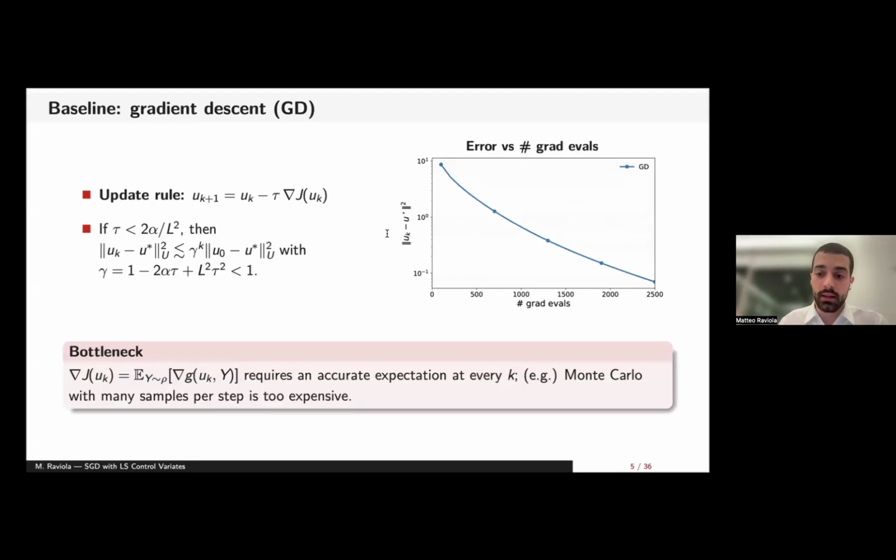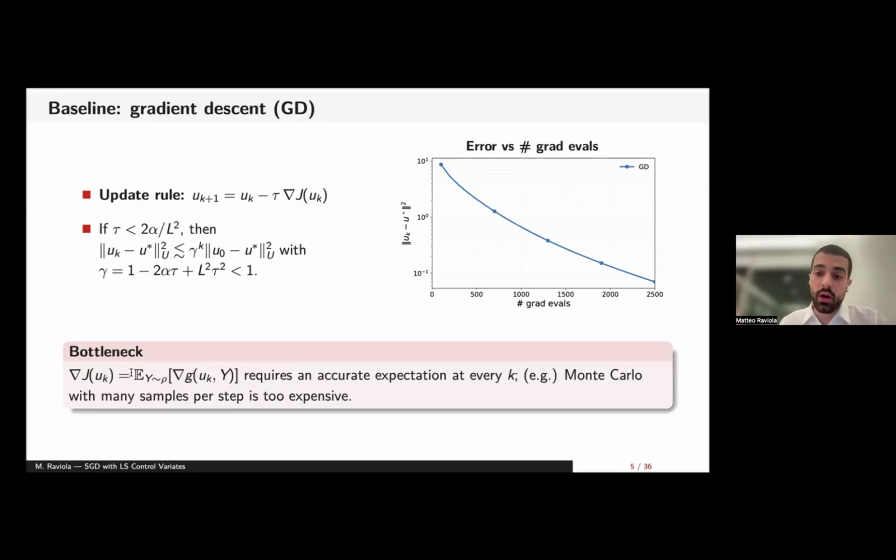The problem with calling it ideal is the following. The bottleneck is that the gradient of J is the expectation of the gradient of g, meaning that either one has this expectation in closed form, or in general this requires the estimation, the discretization, of this expectation.